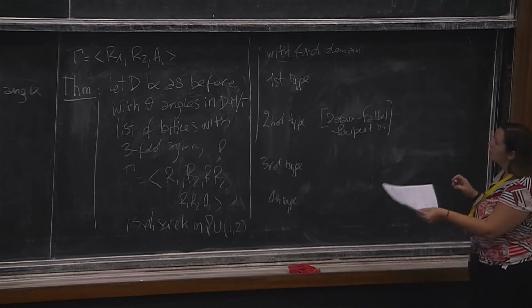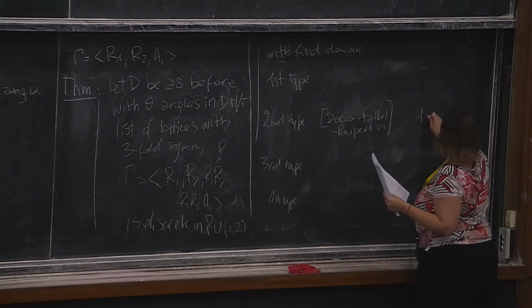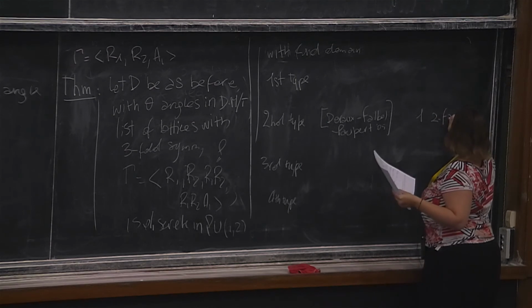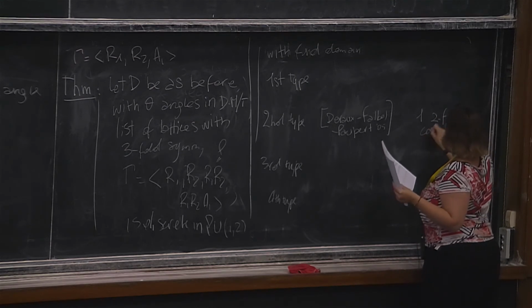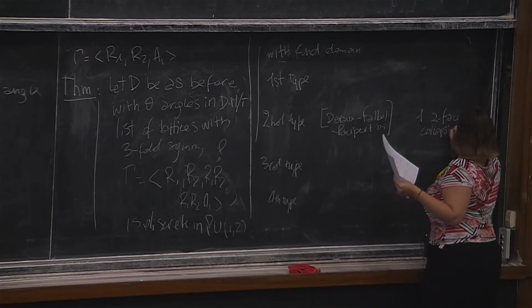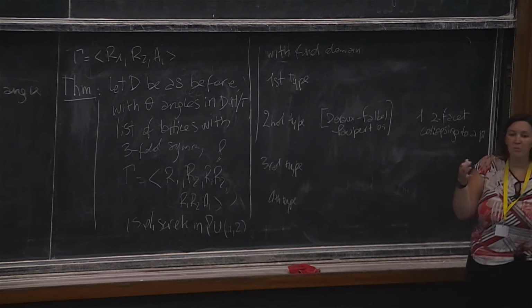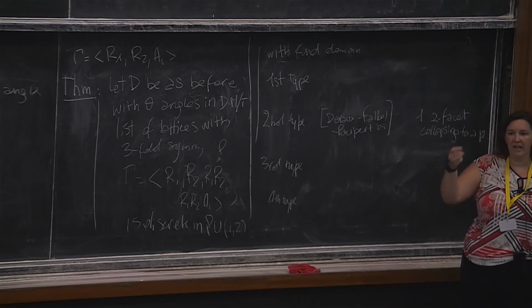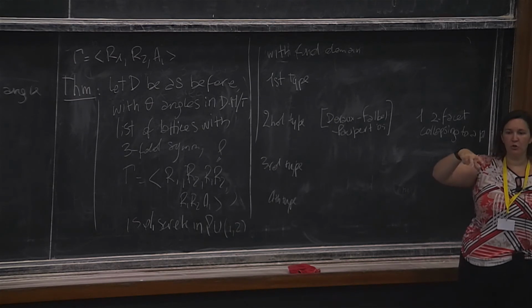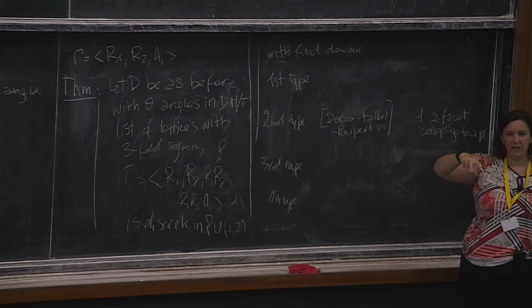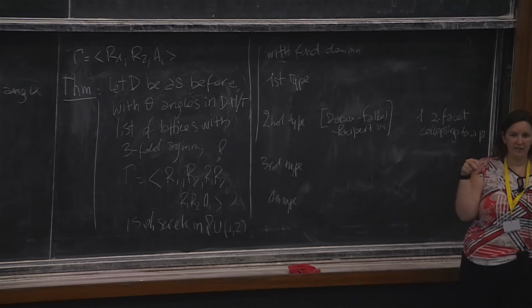And well, it's not quite D, but it's D with one 2-facet collapsing to a point. So it has almost the same combinatorics, except that a facet of dimension 2 that is triangular is collapsed to a single point.